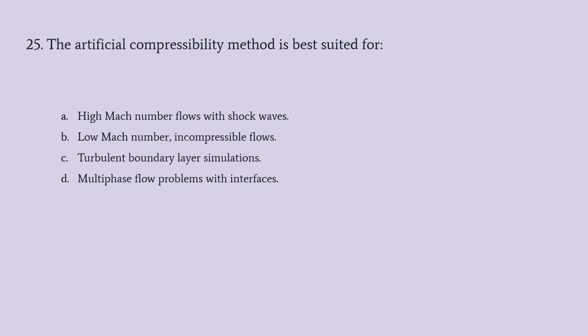Option B, low Mach number flows with incompressibility, or low Mach number incompressible flows. Option C, turbulent boundary layer simulation. Option D, multi-phase flow problems with interfaces. Again, simple question. You can try to answer the question. Please inbox your answers.